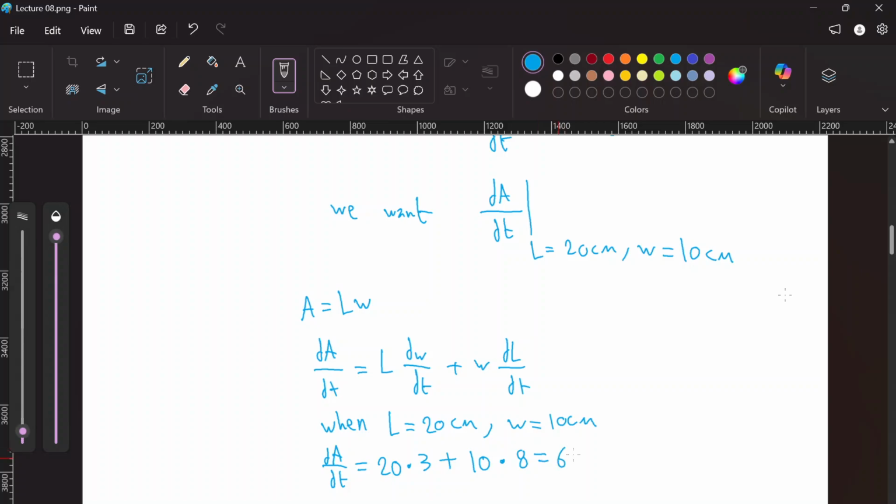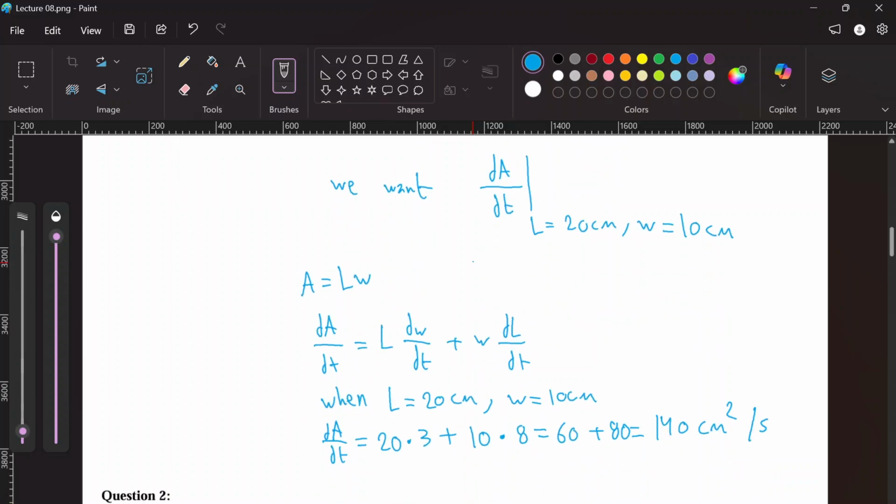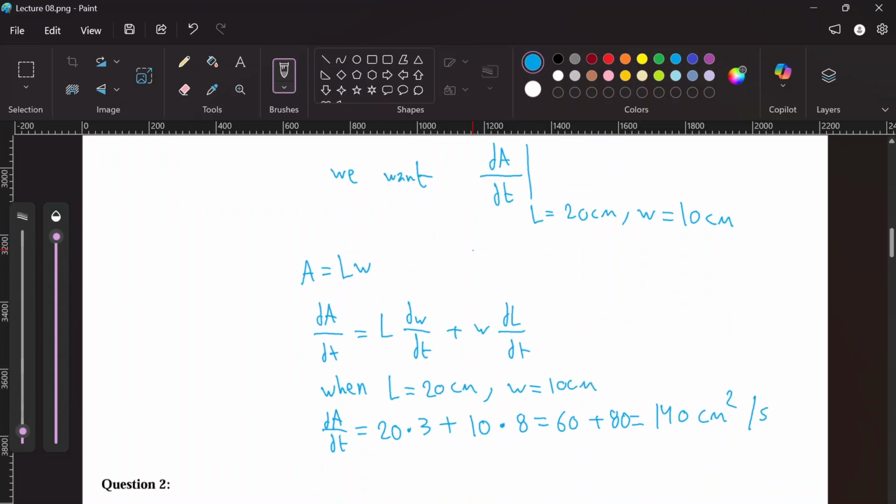So we have 60 plus 80 equals 140 centimeters squared per second, right? Yes, per second. Centimeters squared because it's area, and the unit for time is second in this question.